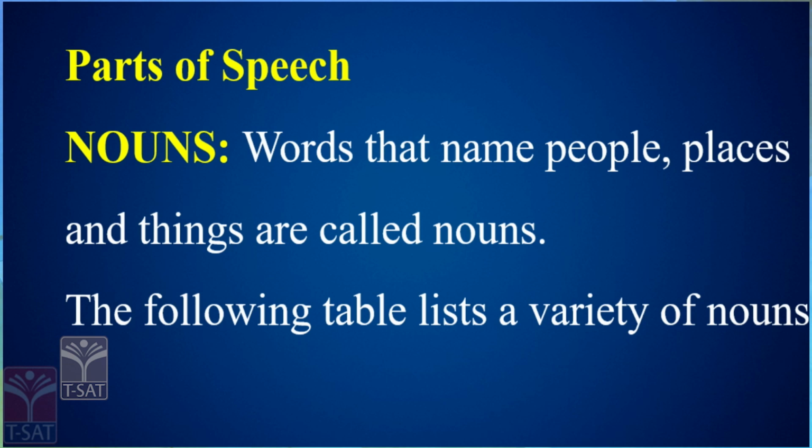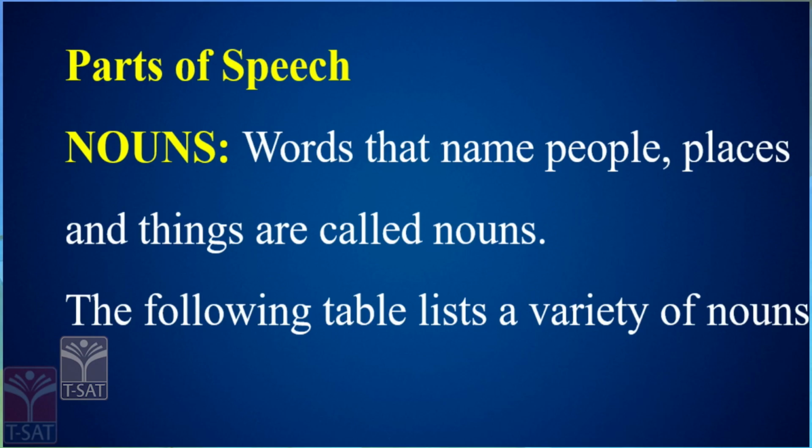The first part of speech that comes to our mind is nouns, right? It is a naming word. The simple definition of a noun is a naming word. If you would like to have an elaborative definition, words that name people, places, and things are called nouns.